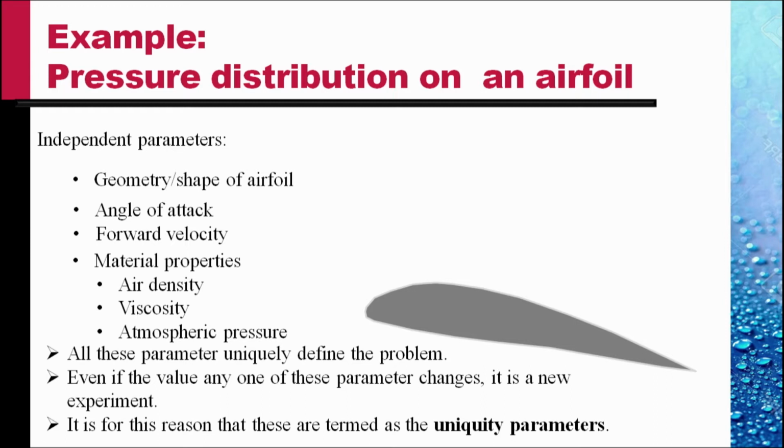A problem is not completely defined till all the values of these parameters are specified. And once they are specified, the definition is complete. Anyone else can repeat the experiments and obtain the results. And he should obtain the same results as you obtained.